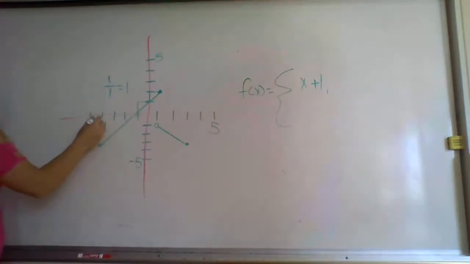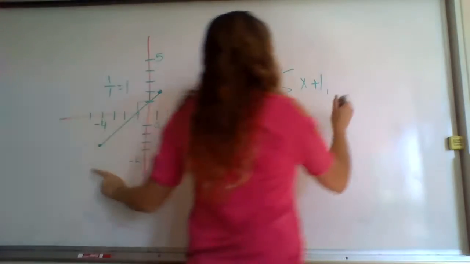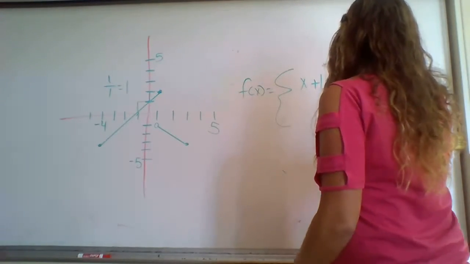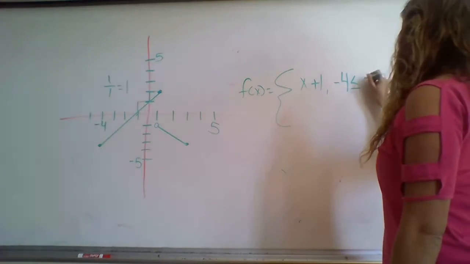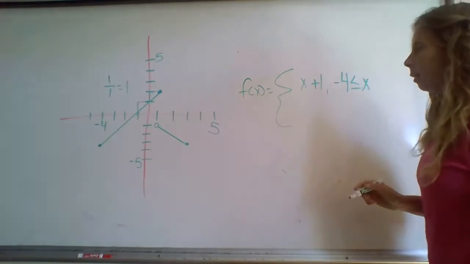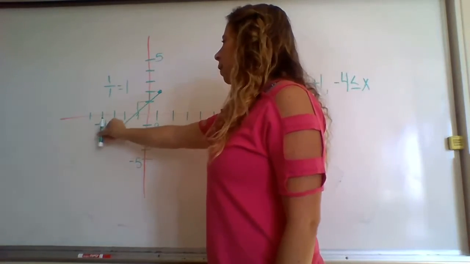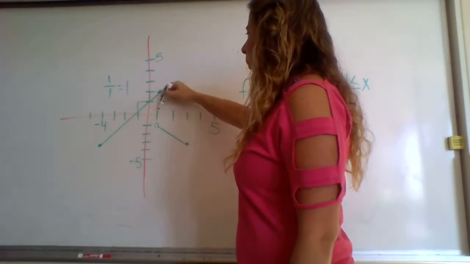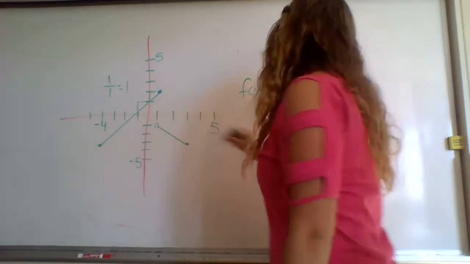This graph starts at x equals negative 4. So x is greater than or equal to negative 4. We're looking at the x value, and it goes all the way to x equals 1. So from negative 4 to x equals 1.